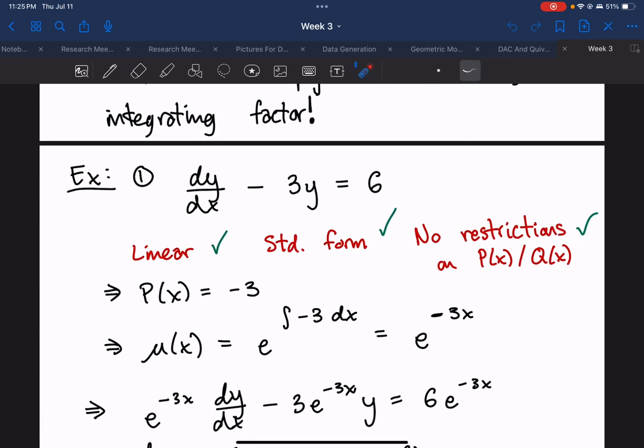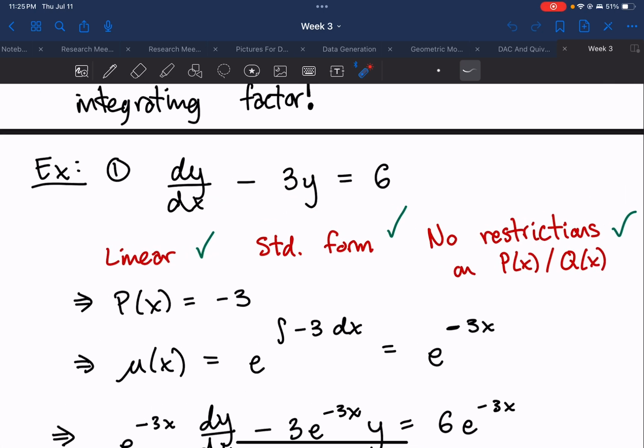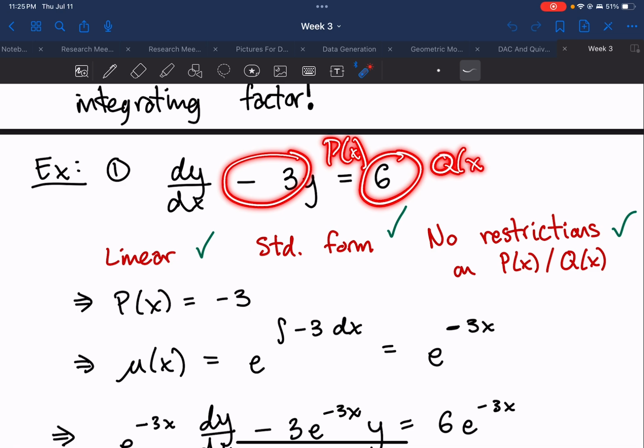Mu is e raised to the integral of p(x) dx. And this right here is p(x), and this guy right here is q(x).